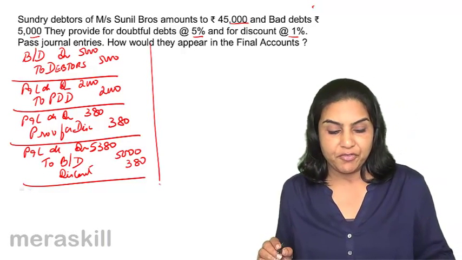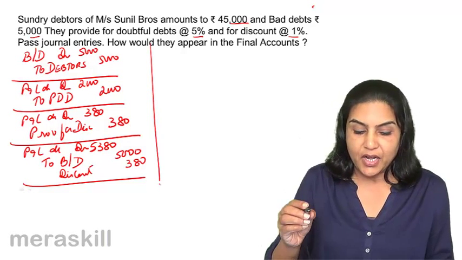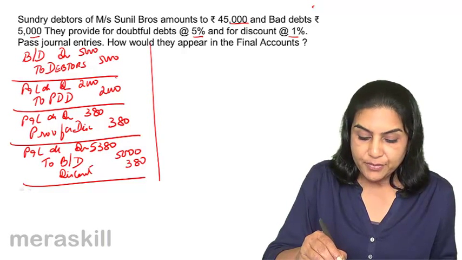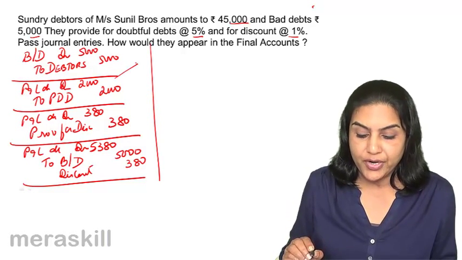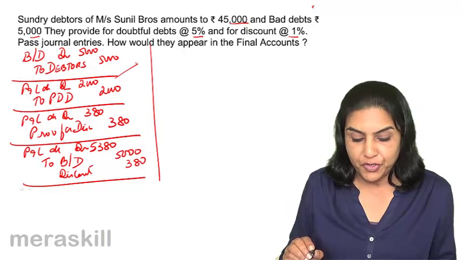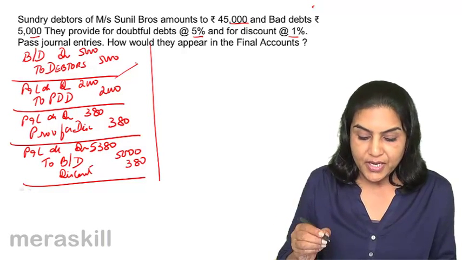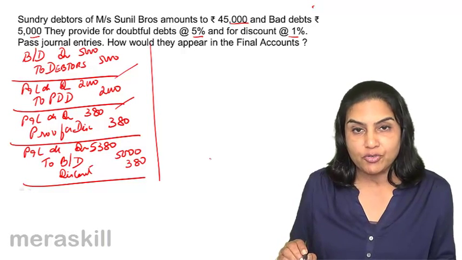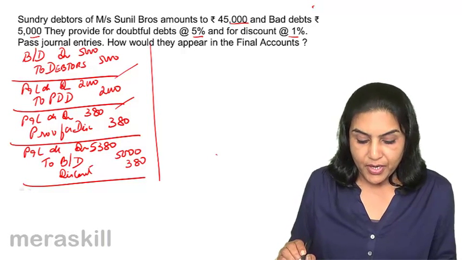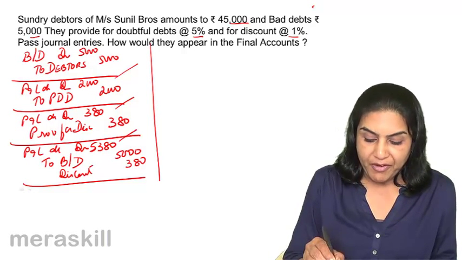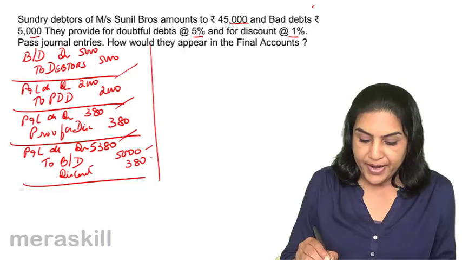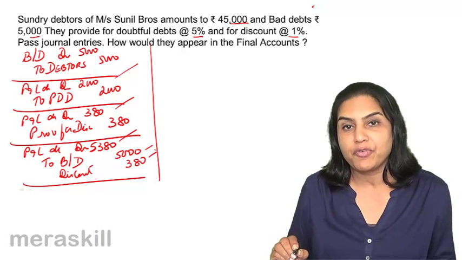So what has happened in the final accounts? In the final accounts, profit and loss account has been debited for 2,000 on account of provision for doubtful debts. It has been debited on account of provision for discount. It has been debited for 5,380 with the amount of bad debts and the amount of discount.